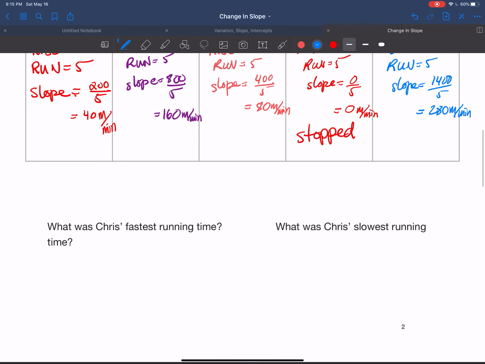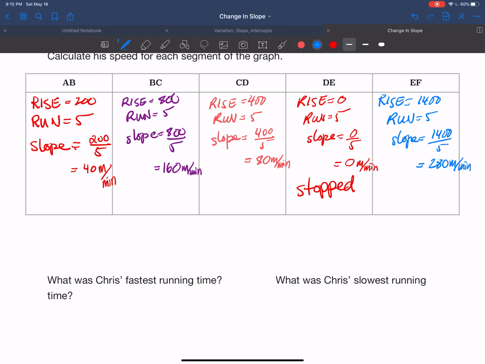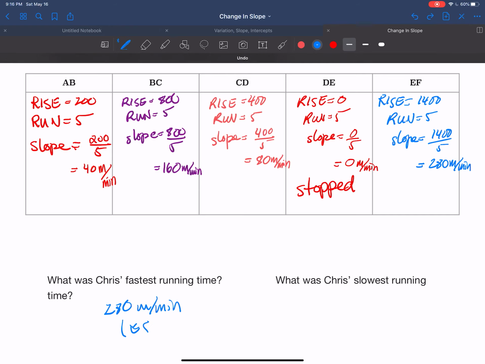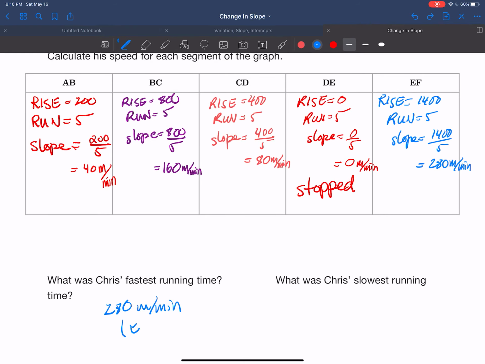Okay, so what was Chris's fastest running time? 280 meters per minute. What was his slowest running time? Now, if you said D to E, well, this was E to F. If you said D to E, where he stopped, I would say that's true too, but he's not running, right?